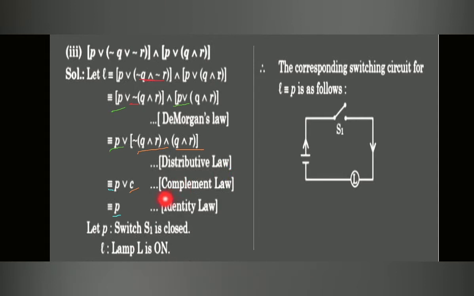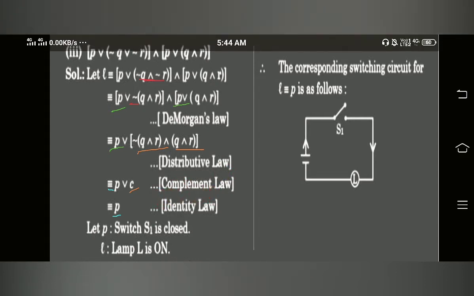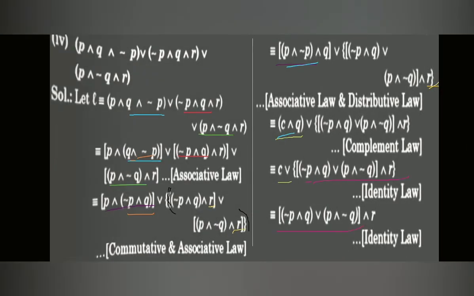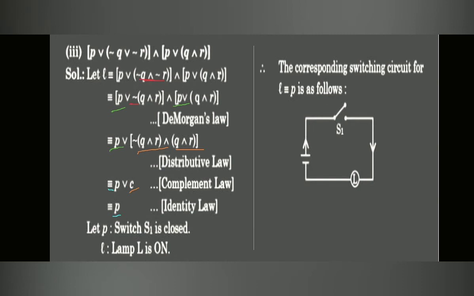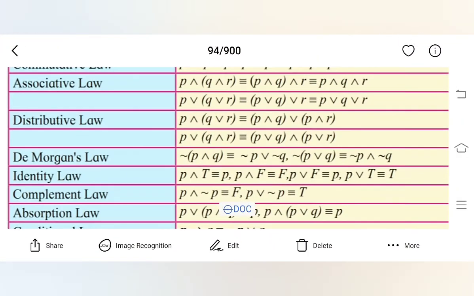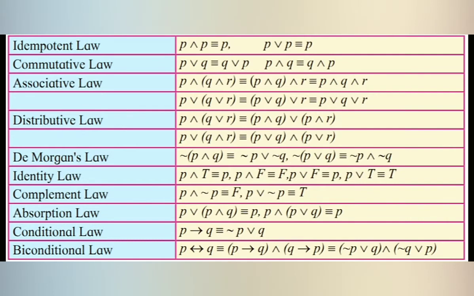Now apply the complement law. Complement law means, see again: P and ¬P is F, P or ¬P is T. This is the complement law.